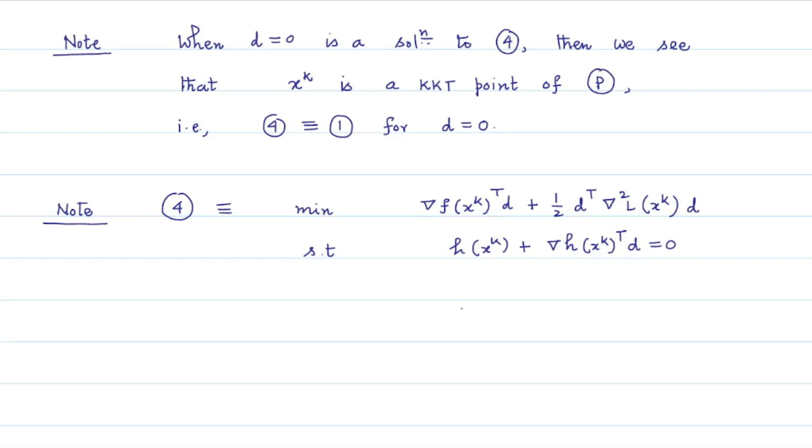Here you have L many equality constraints. Let us name this problem as the quadratic programming problem at the point xk, vk, because you notice that the system 4 is dependent on xk, vk and 4 is reformulated by this minimization problem, this quadratic programming problem. And we notice that a solution to this quadratic programming problem is a solution to the system 4.